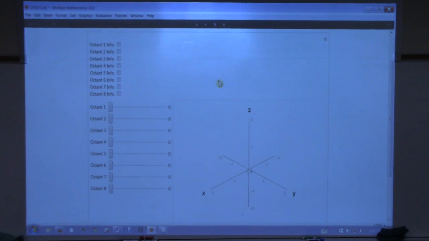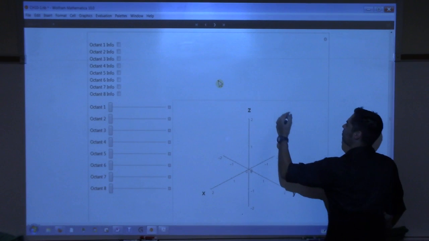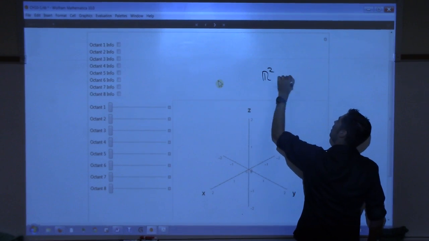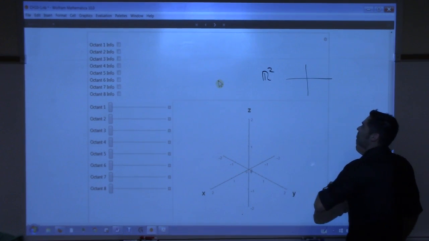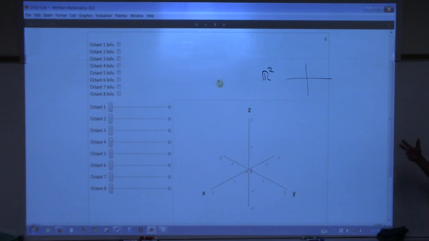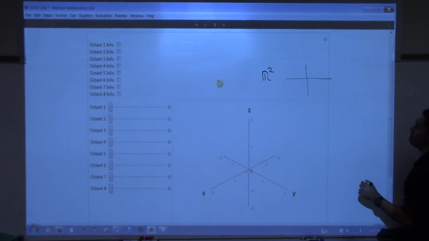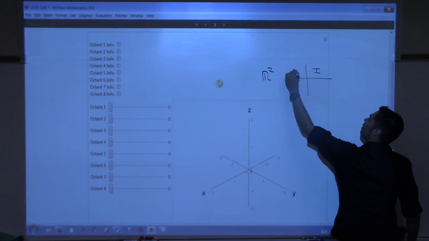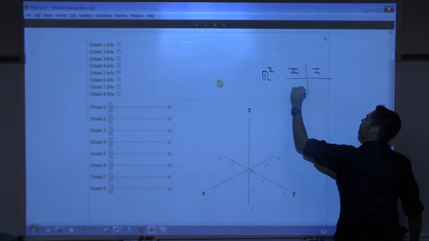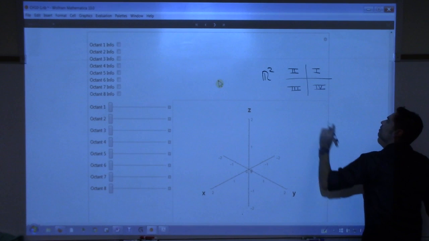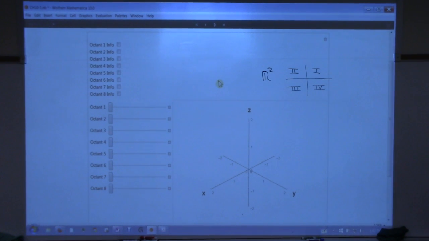All right. Well, if you remember back in R2, two-dimensional space, and this would be in pre-cal, we started to talk about angles and all this stuff, and it became very useful for us to label these four quadrants, right? Quad meaning four.